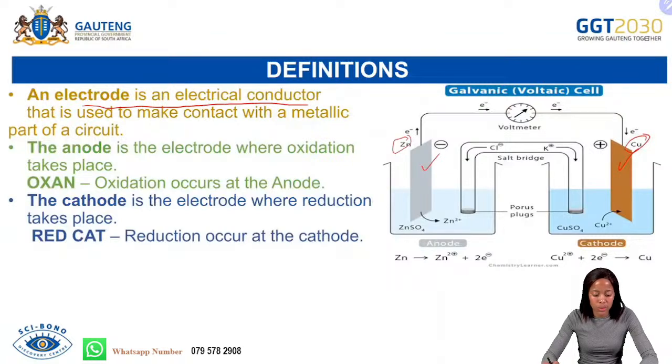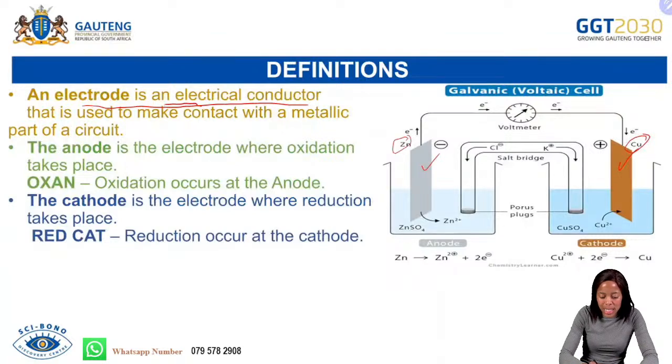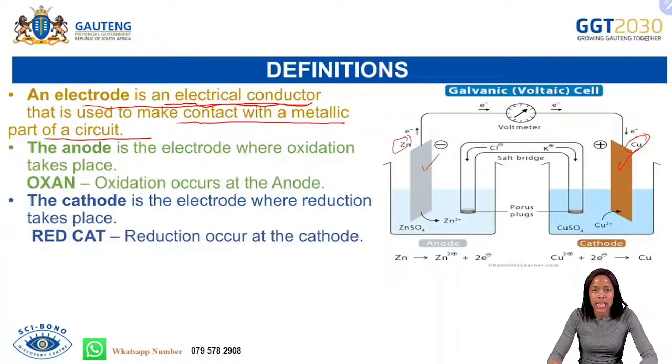So what is one of the properties of an electrode? An electrode must be an electrical conductor. Okay. It says an electrode is an electrical conductor that is used to make contact with the metallic part of the circuit there.